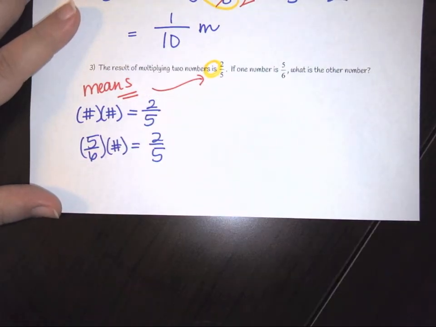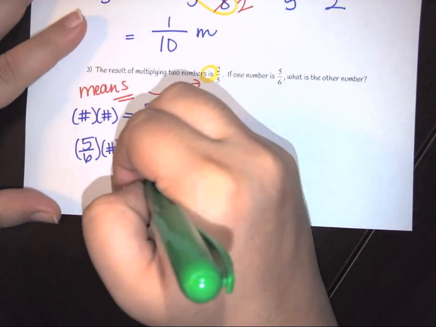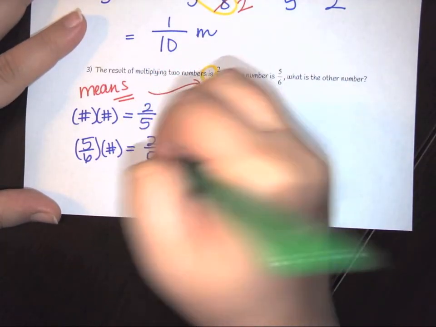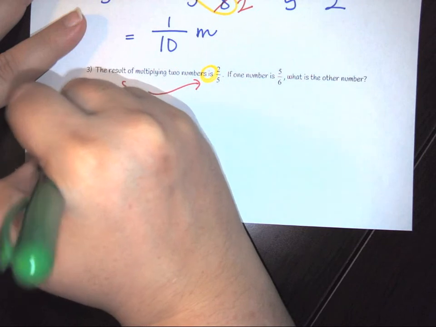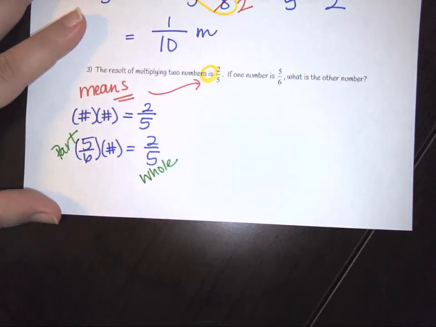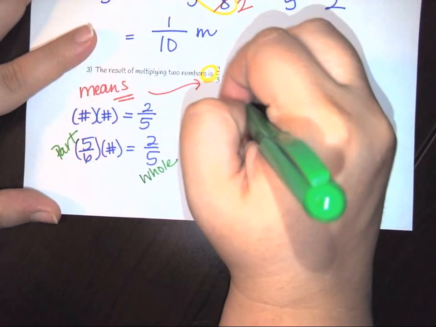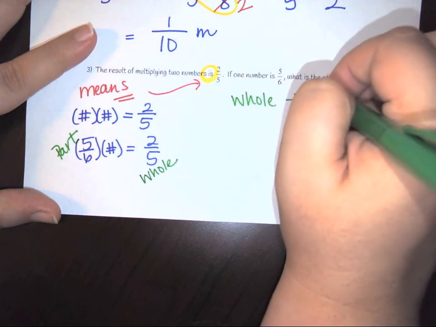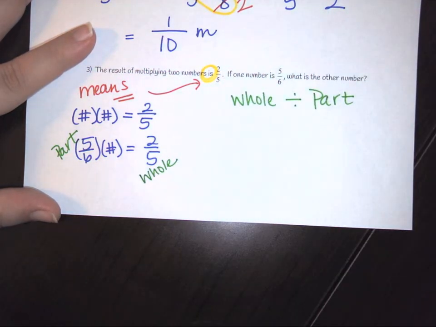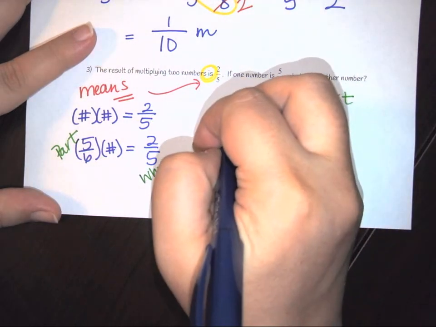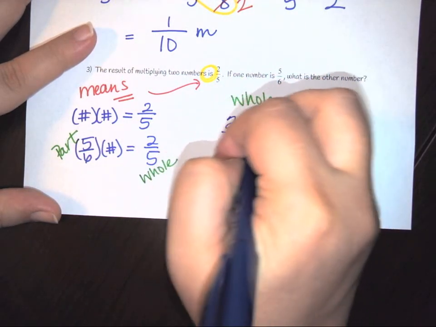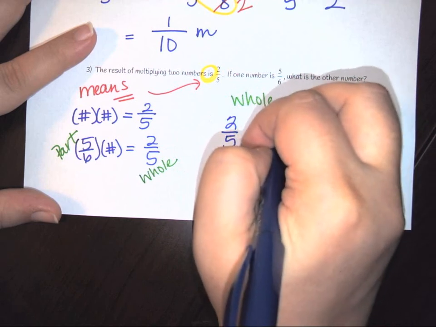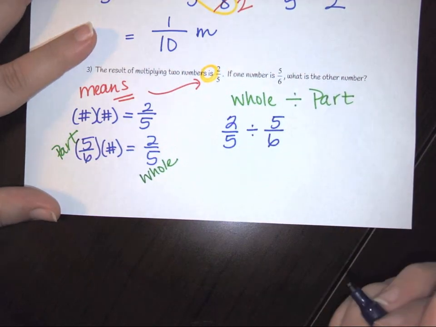So if we're looking at it, the 2/5 would be the whole, the 5/6 would be the part. And so again, in general, remember we are doing whole divided by part. And so here I would have that 2/5 is divided by 5/6.